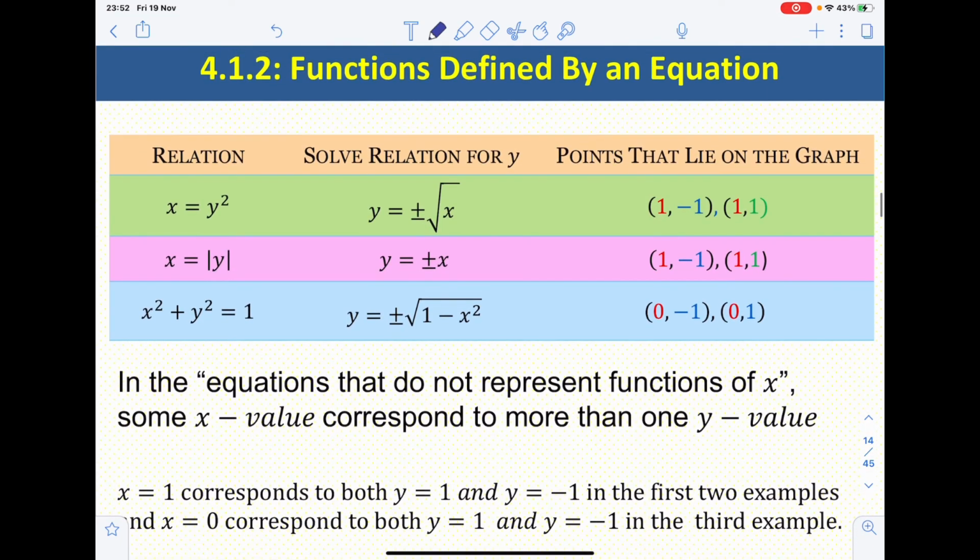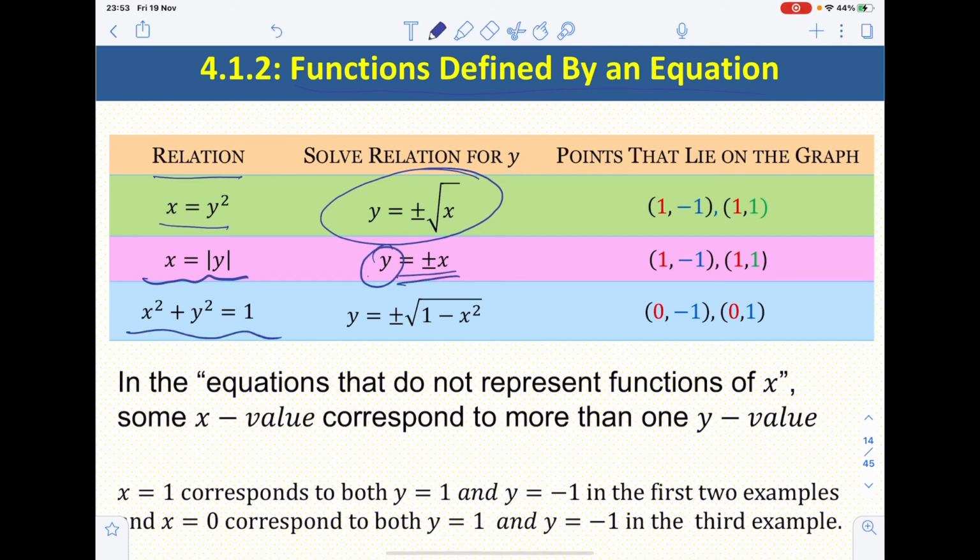Okay, so here we have other relations defined by equations. This is the relation x equals y squared, and when we solve the relation for y, we see that y equals plus and minus root x. So here we have another way to determine whether a relation is not a function: we can solve for y. Also for this one, when we solve it for y, we can see that y gets two values.